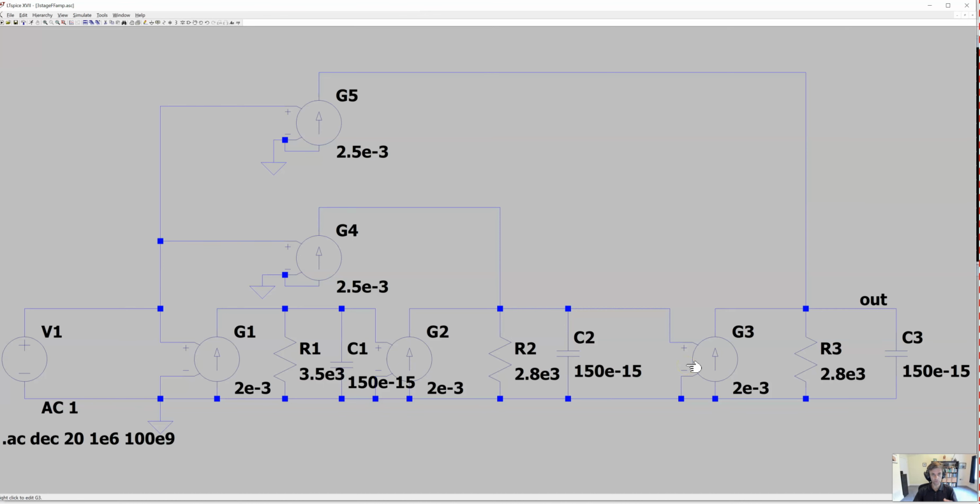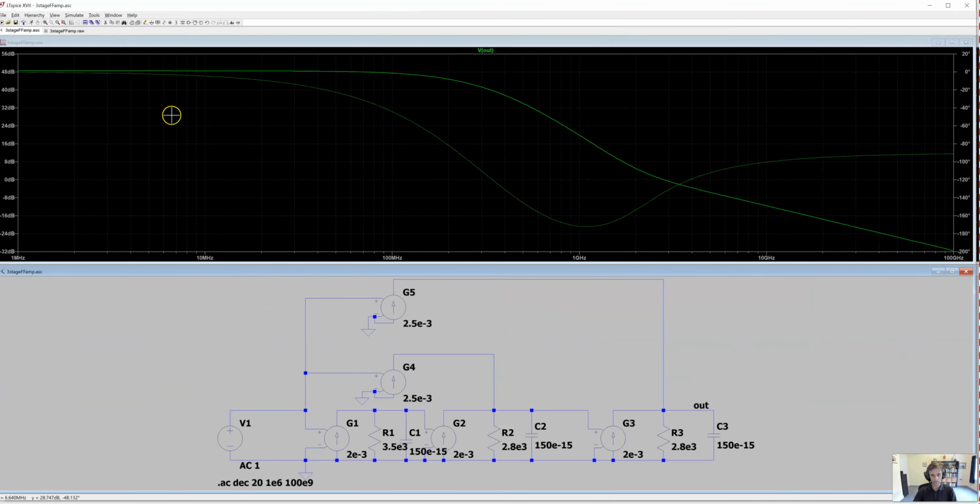So we're still shooting for a gain of 50 up to 500 megahertz, but now we need 3 stages in order to achieve that. The node capacitances are all 150 femtofarads as before, and if we run our AC simulation, we'll see what happens.